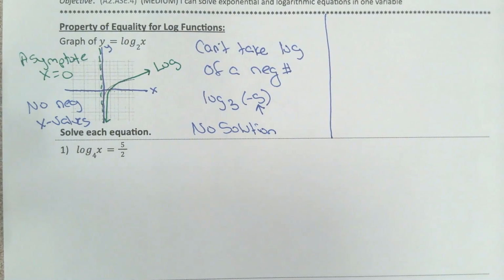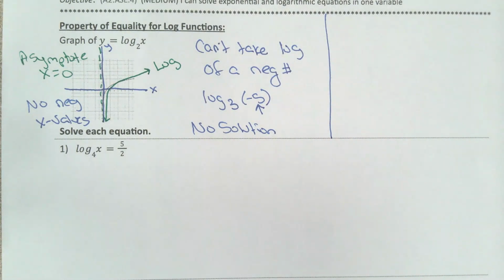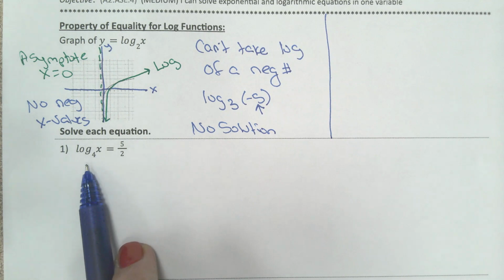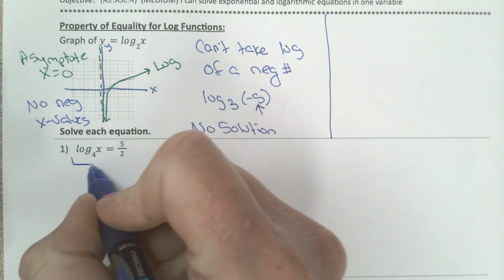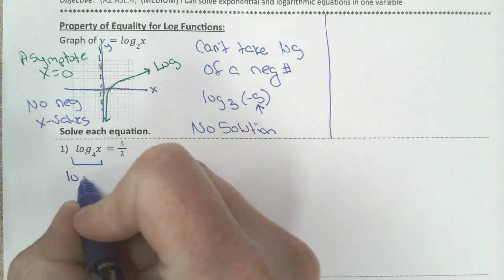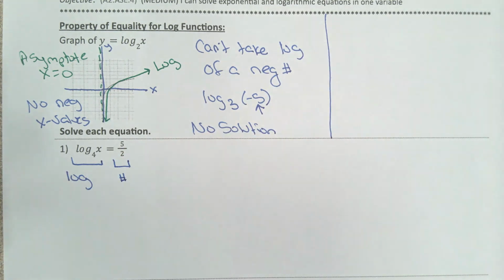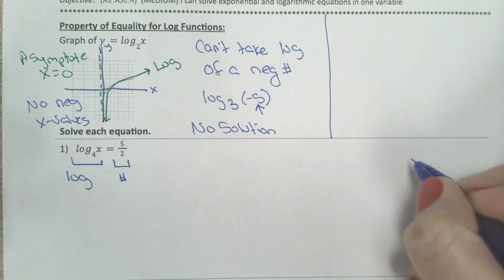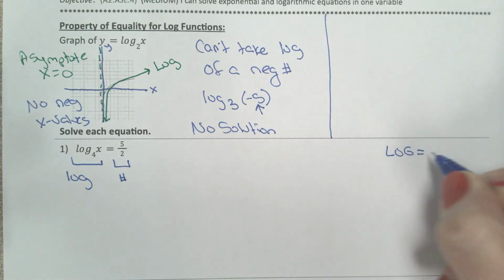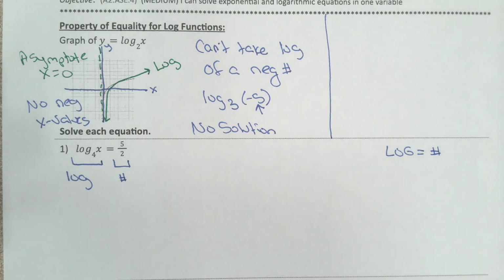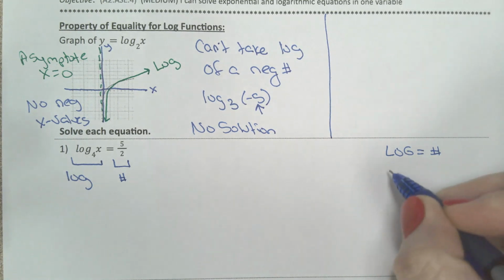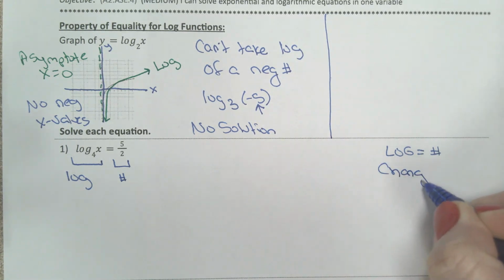So here is how we solve log equations. So I have log base 4 of x equals 5/2. I have the log on one side, and I have a number on the other side. Anytime you have an equation in the form log equals number, I want you to change form.